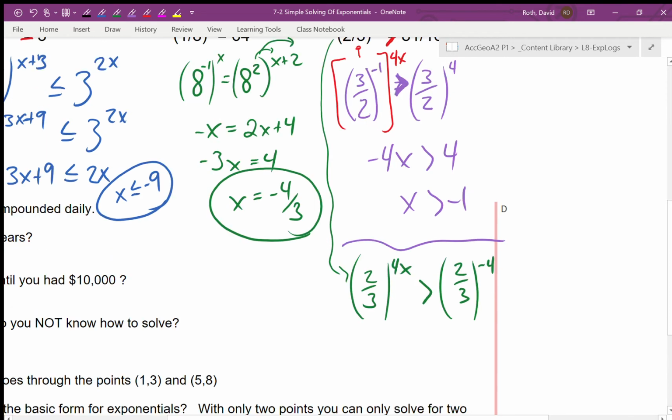That's one way to do it. And then I would get 4x is greater than -4, x greater than -1. You can go either way.